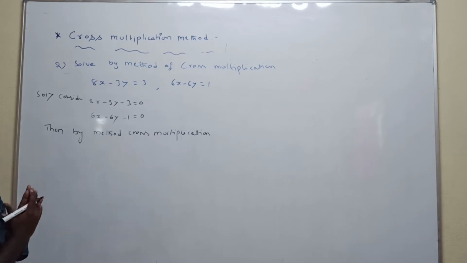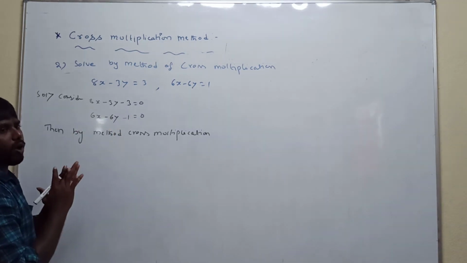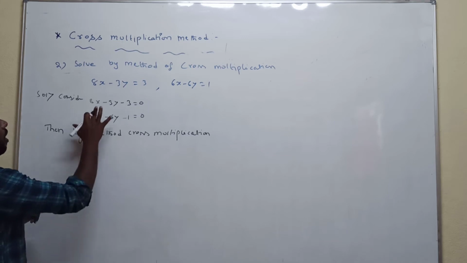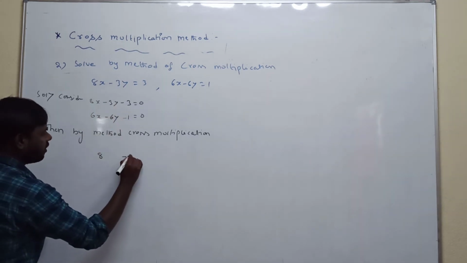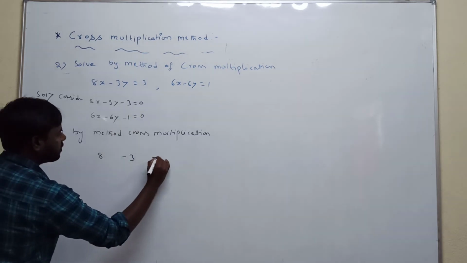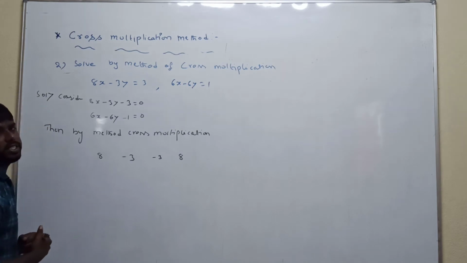Second step: you write the first equation's x, y, constant coefficient values. X coefficient is 8, y coefficient is minus 3 and constant coefficient is minus 3. Again we take the x coefficient value 8. That is the second step.